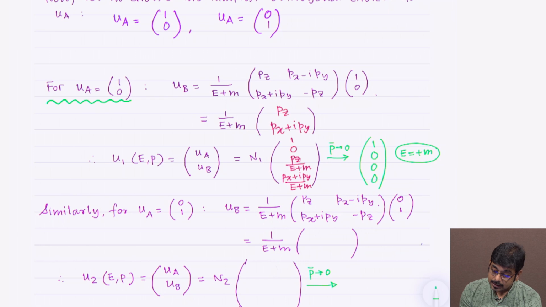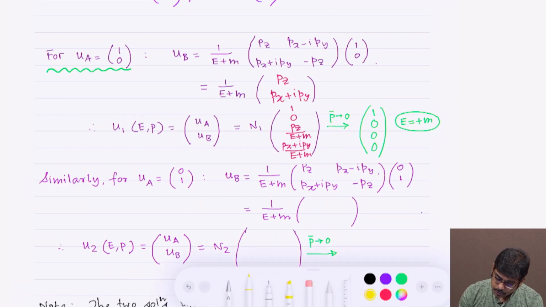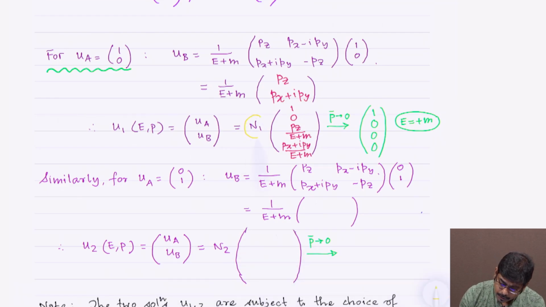Therefore, this corresponds to this choice 1 0 0 0. And you observe that I have chosen a normalization which I have called n1, which I have not determined so far, but you are going to determine it in your tutorial exercises.